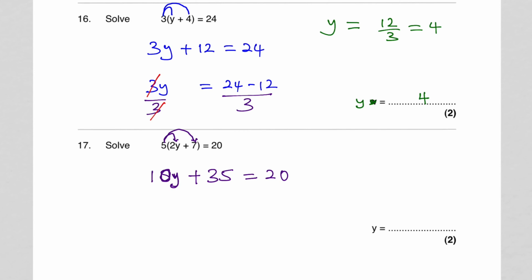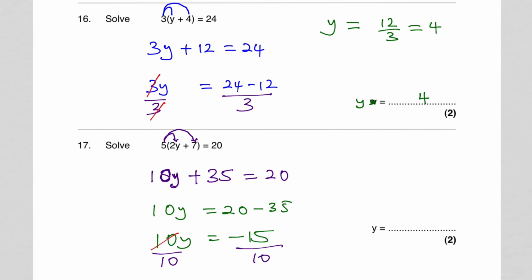Again, you can see I need to collect like terms. I need to move plus 35 to the right. That will become minus 35. 10y equals 20 minus 35. Therefore, 10y equals minus 15. Now, at this point in time, I need to divide both sides by 10.